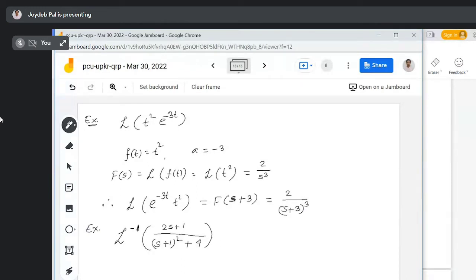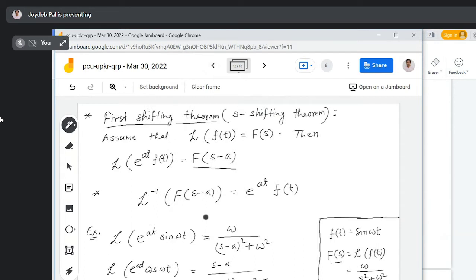Here actually we have to use the Laplace inverse form of the S shifting theorem. So what is the Laplace inverse form of the S shifting theorem? Laplace inverse of f of s minus a is equal to e to the power at f of t. Fine, this form. Now tell me how to use it.